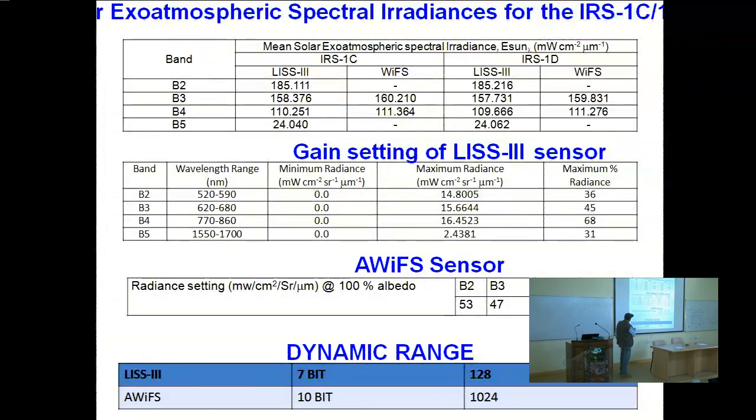So now we have a sensor which is not saturated in snow. It can still saturate in some cases. This is possible because the earlier one is a 7-bit sensor and it has 128 digital numbers, and AWiFS is a 10-bit sensor and it has 1024 digital numbers.